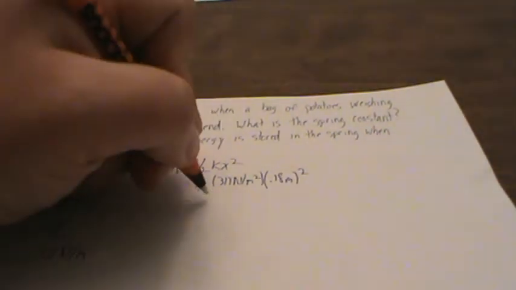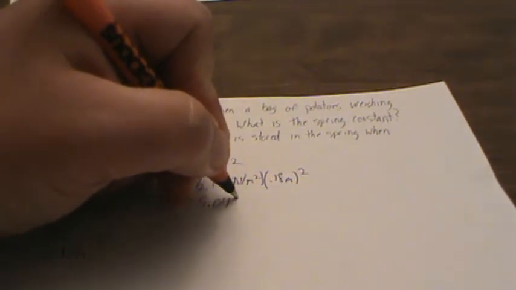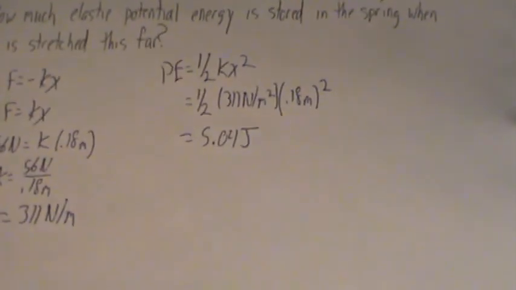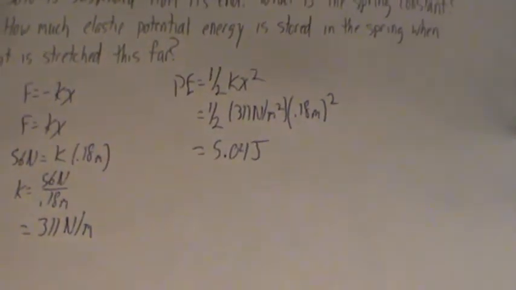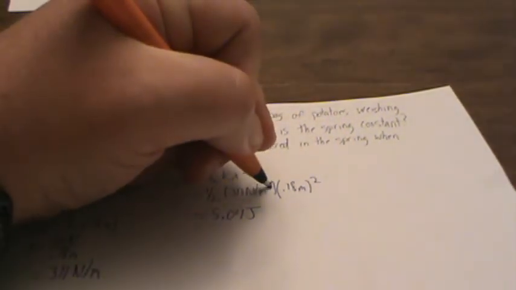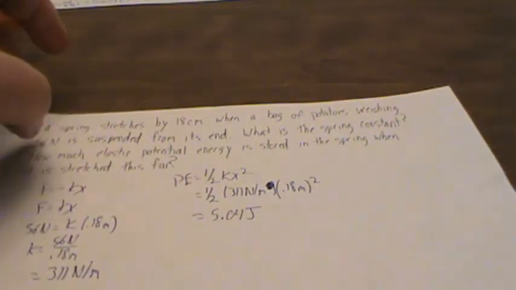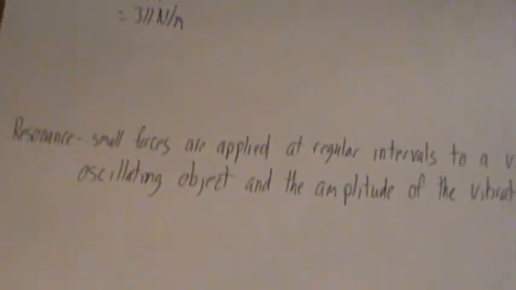I'm coming up with a potential energy of 5.04 joules. Well, that shouldn't be squared on the spring constant. It should just be newtons per meter. Don't know why I did that.